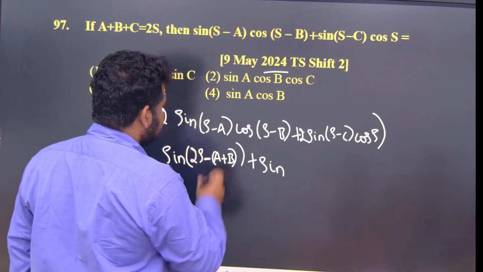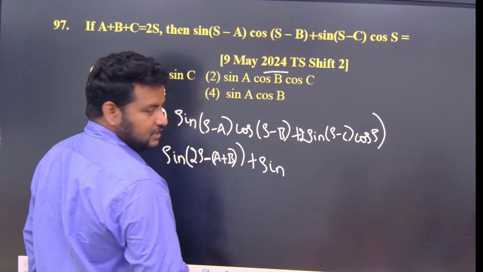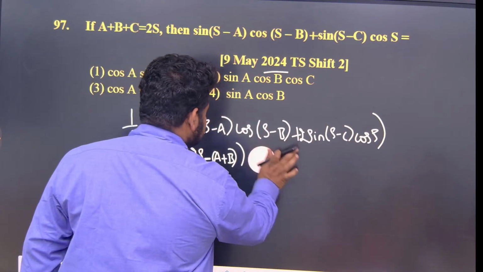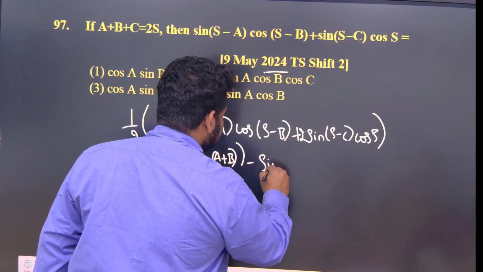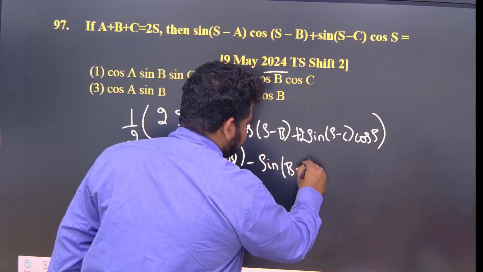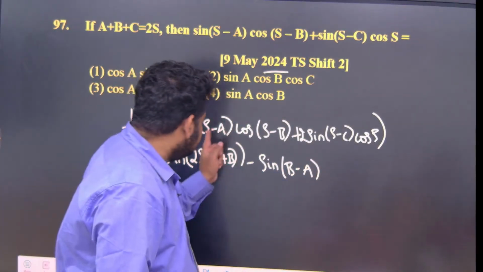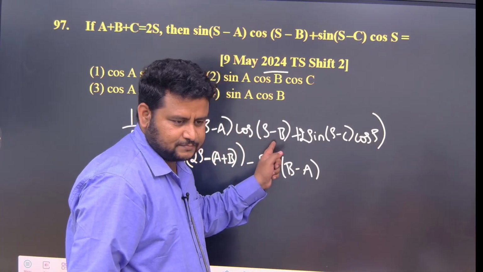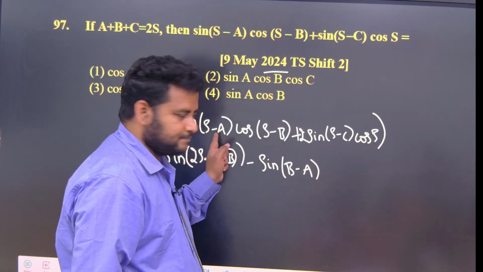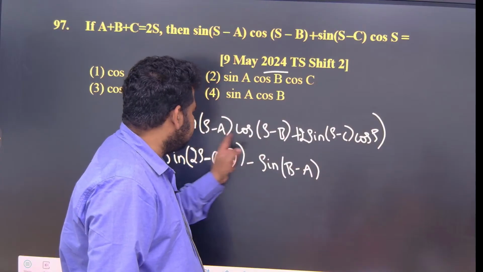I will have minus a minus b means plus. I will take it as minus sin of b minus a. Minus a, so minus of minus is plus. Okay, b minus a will be there.